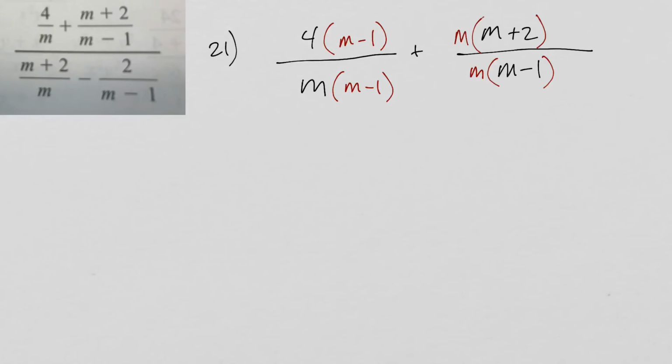So up in the top of the first fraction we'll have 4m minus 4 and the top of the second fraction we're going to have m squared plus 2m.